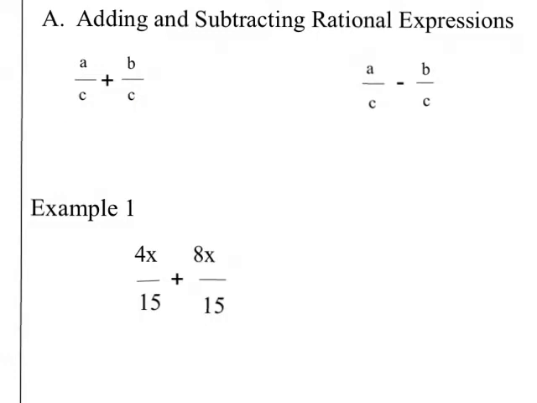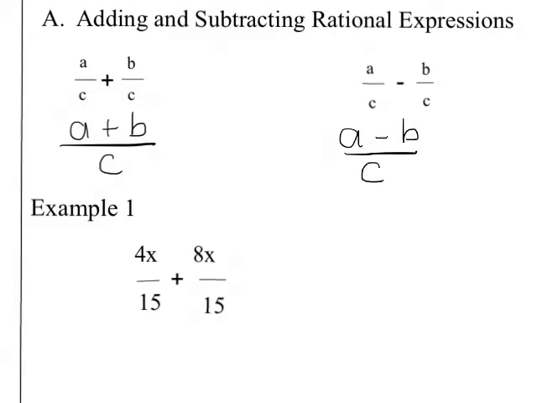So since you have a common denominator of c, you can add the numerators together. So it's just going to be a plus b over top of c. Now, in looking at subtraction, again, I see that I have a c here and another c there, so this time I can subtract them. So here I'm going to get an a minus b over top of c.